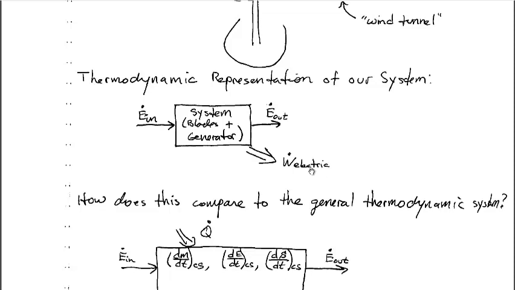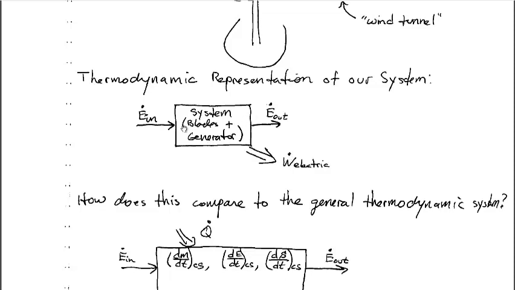Energy must be conserved. And because we're representing our system as operating at steady state, there's no stored energy in our control system that's being additionally released during this process.